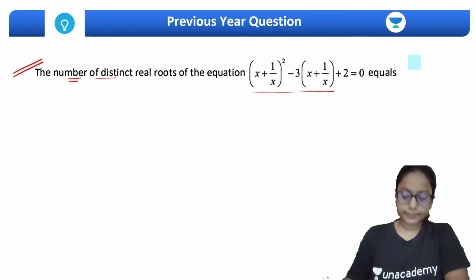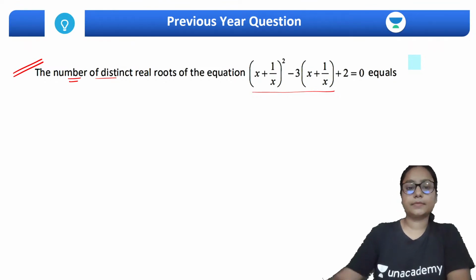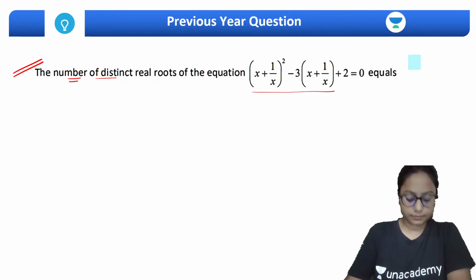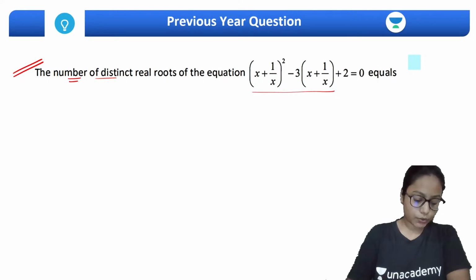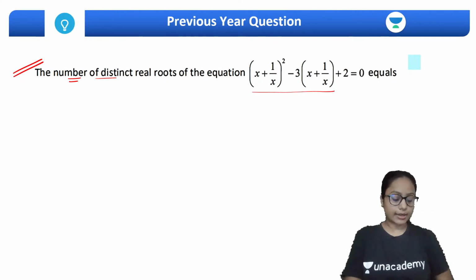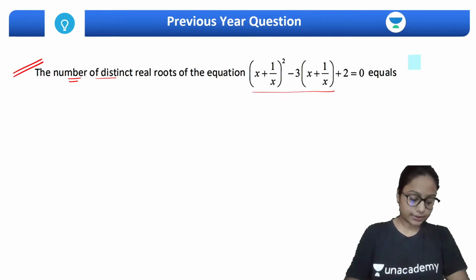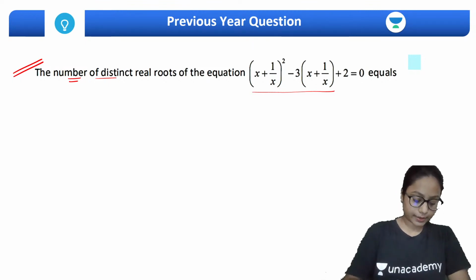Yes. Kavya, Sarthak, Kashish, Anuj. What are you getting as the answer? Siddhant, Madhu, all of you. Mansi.